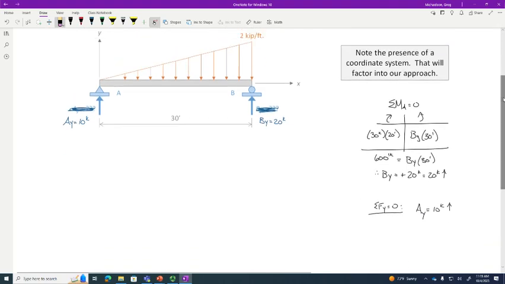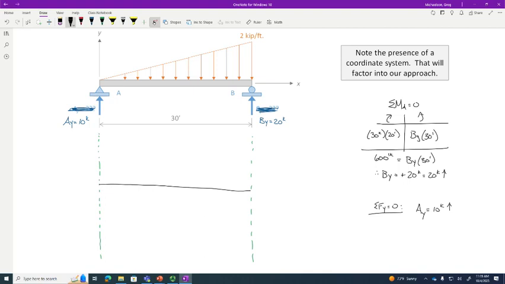Okay, so let's see if we can draw these out. Okay? So here's my beam, or here's my horizontal line. We'll call this shear in kips.